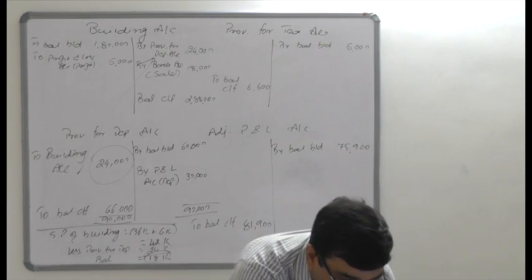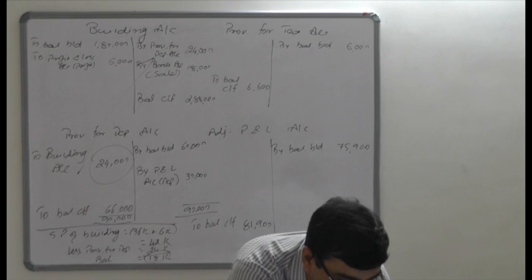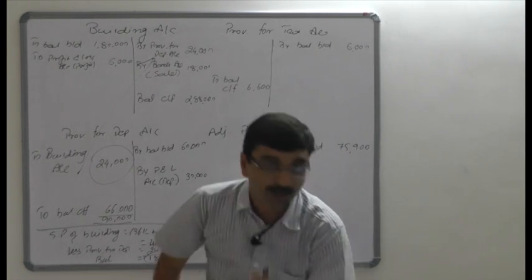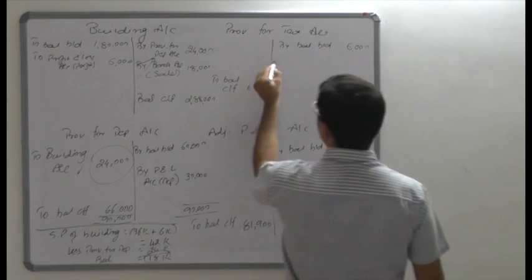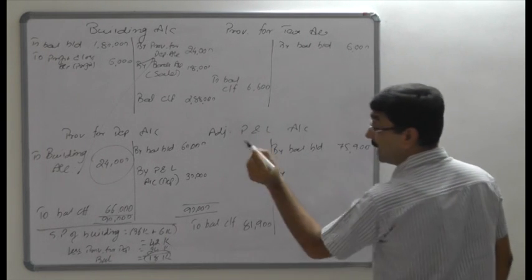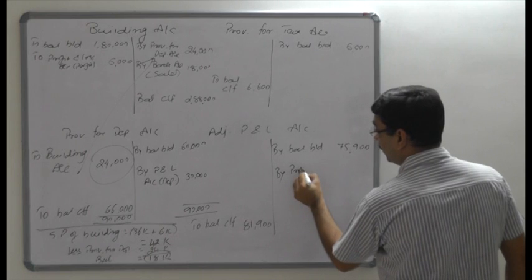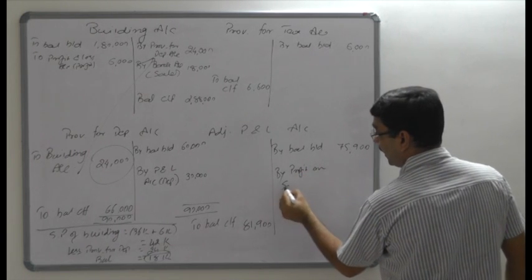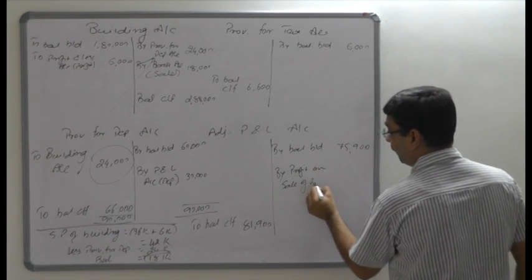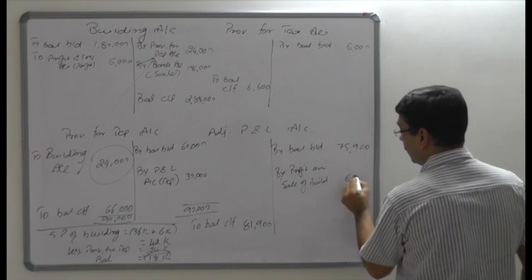So this is all about the information which we recorded. Now the 6,000 rupees profit would be recorded in the adjusted profit and loss account, as we already discussed. So profit on sale of building, that is 6,000 rupees.